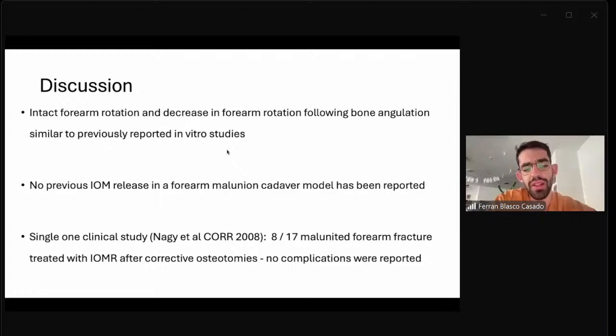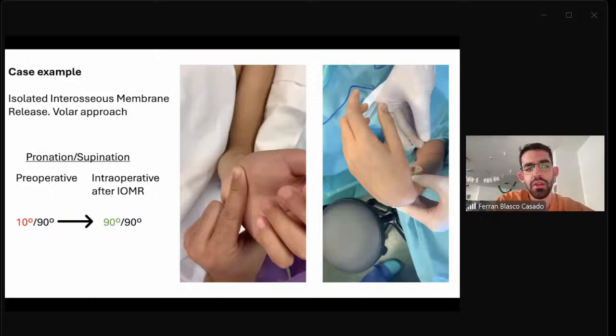There is only one clinical study, performed by Nagy et al. in 2008, in which they were treating malunited forearm fractures. They first performed corrective osteotomies, and afterwards, if the rotation of the forearm was not enough, they performed the interosseous membrane release. They didn't find any complications in terms of pain, synostosis, or instability of the distal radioulnar joint.